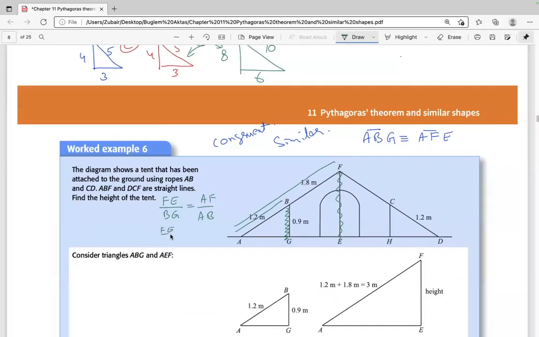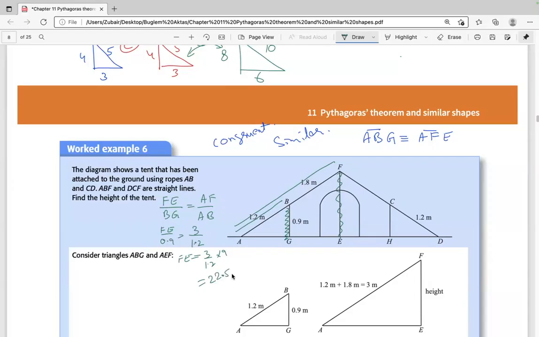FE is unknown, BG is 0.9, AF is 1.2 plus 1.8, that is 3, and AB is 1.2. So FE equals 3 by 1.2 times 9. That gives me 22.5.